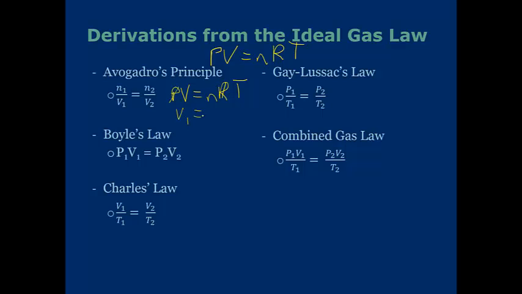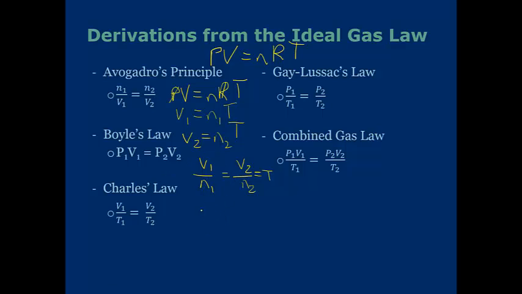So if we had V1 equals N1 times some sort of constant, let's use constant T, and we had another situation like so, I could solve and set this equal to T. So if I were to run that accordingly, divide by N1, that's V1 over N1 equals V2 over N2. And this is possible because we set it equal to T. Obviously, you can do this with pressure as well. If we were to invert this, then we would get Avogadro's principle.